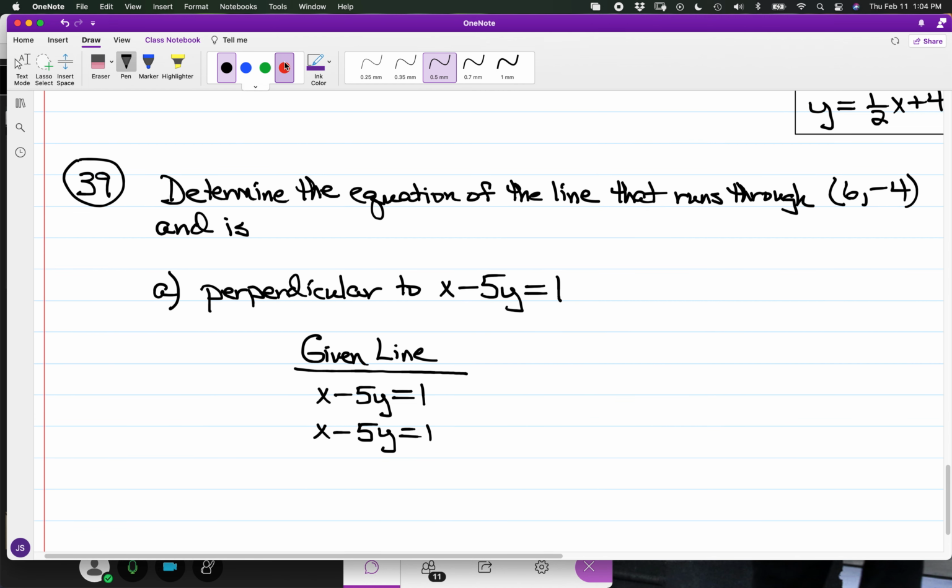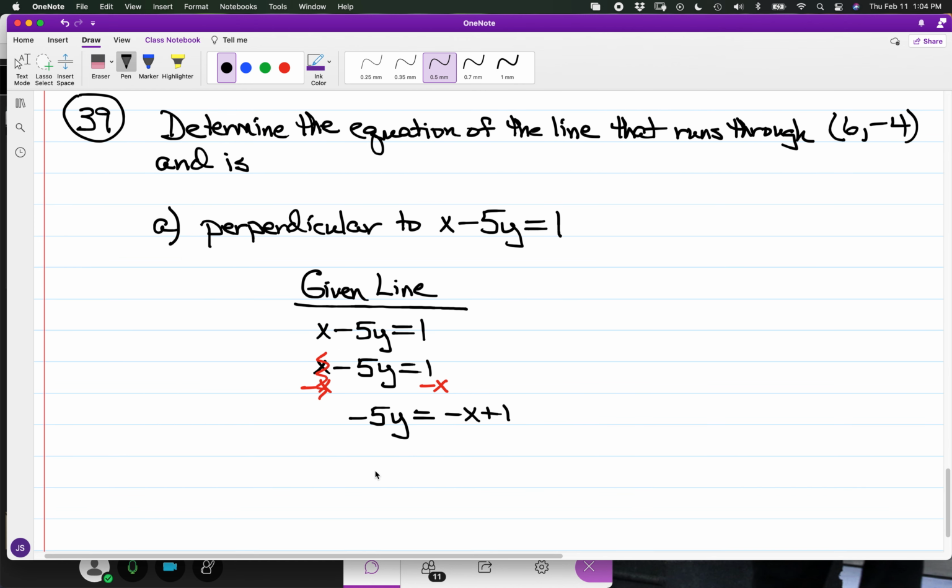So if I isolate the y term, taking x away from both sides, we have negative 5y is equal to negative x plus 1. And we have division by negative 5.